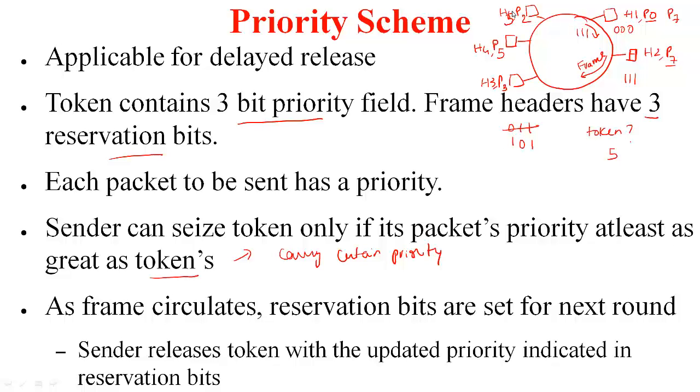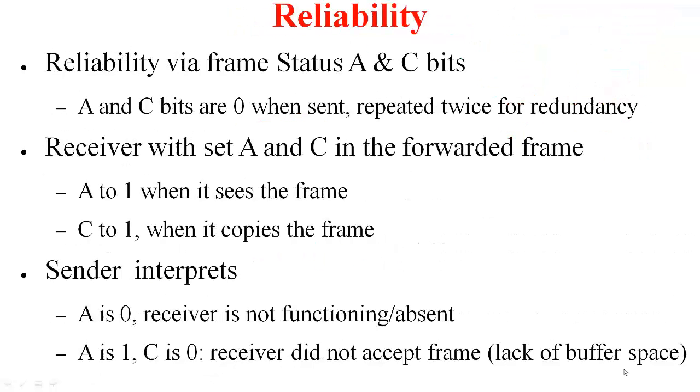This cannot alter it, so again it comes back, and then when host 2 releases the token, it is going to set the priority of the token to 5, and this cannot grab because it does not have the required priority, whereas host 4 can grab it because it has the required priority. So what is basically happening is reservation bits are being set to decide who will transmit next in the next round.